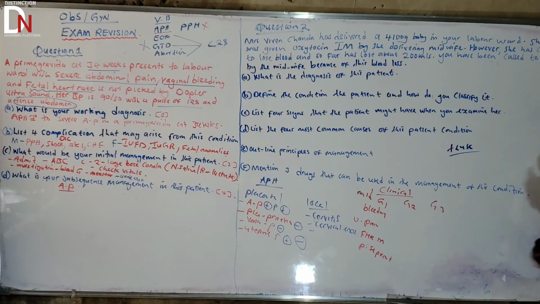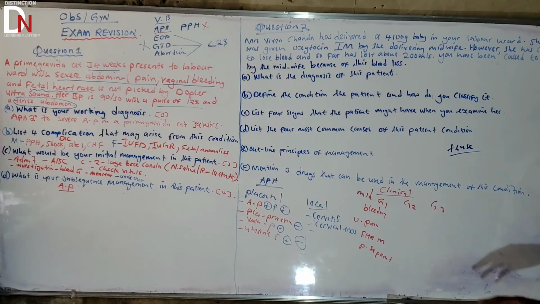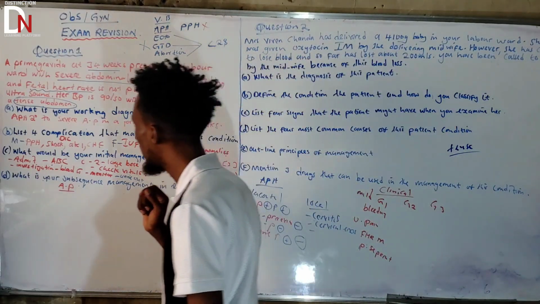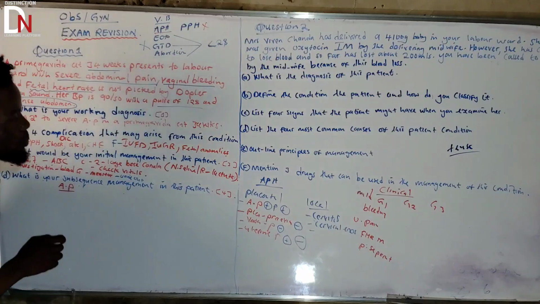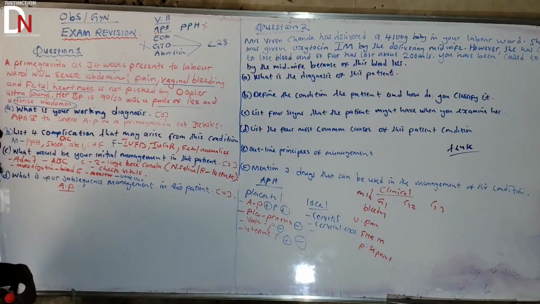If it is not picked up, basically it is fetal demise, seen in grade 3 placental abruption. That's why we said APH secondary to severe abruptio placenta in a primigravida at 34 weeks.